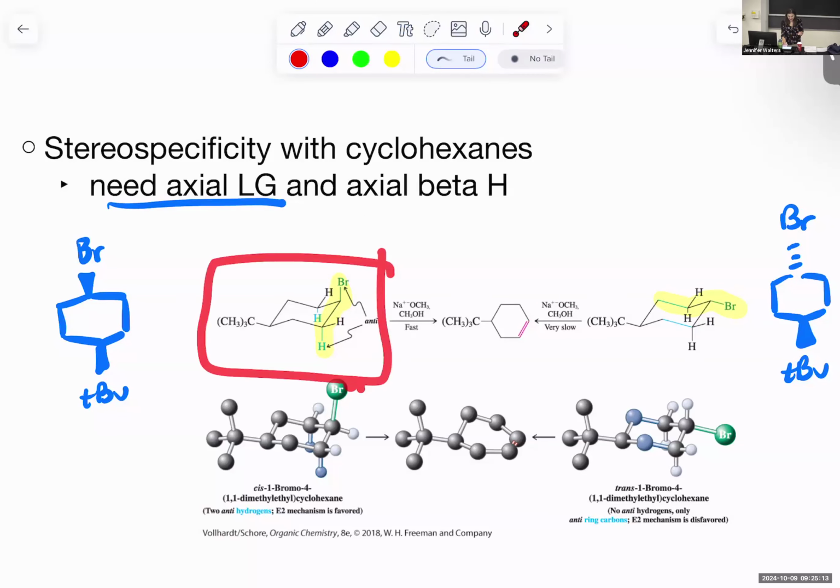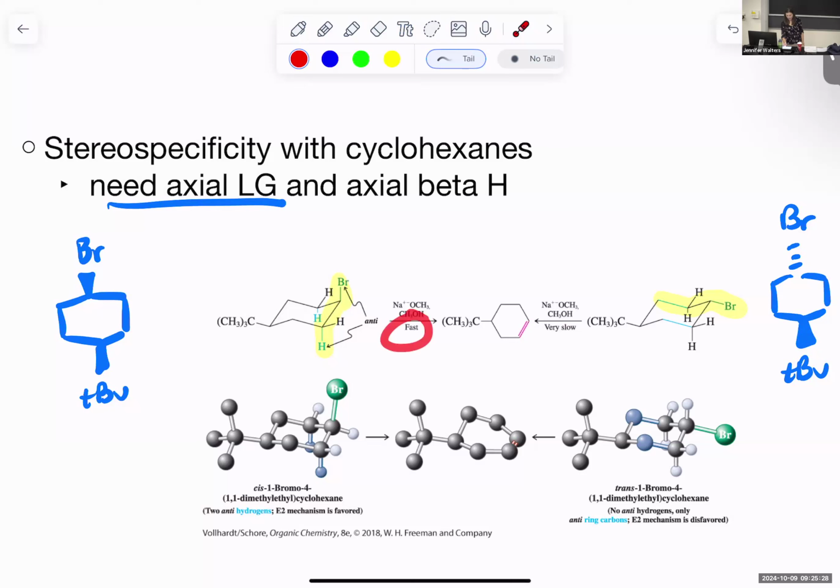For the chair on the left, that's perfectly fine because that puts the bromine axial, which is what I need. So now it's locked in the conformation where I get the antiperiplanar alignment. So that happens very quickly. That's fast to do that E2. This side is slow.